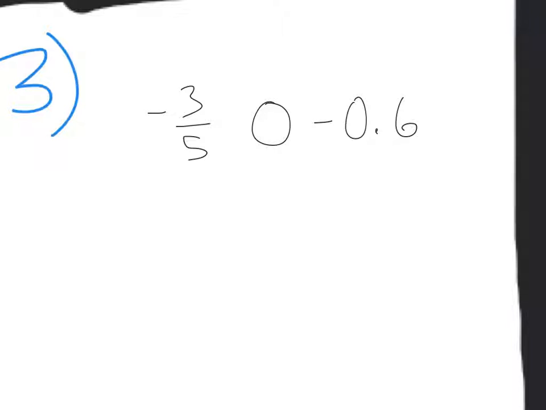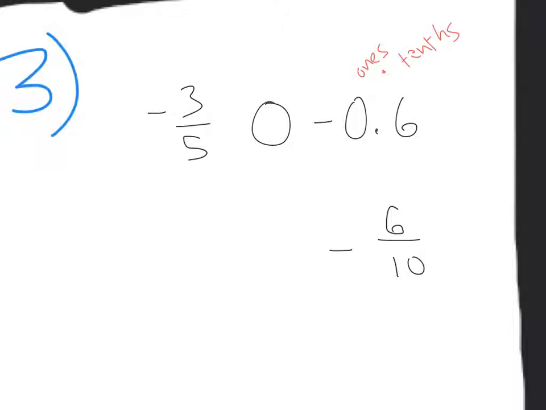So we remember place value, this is the ones place, decimal, and this is the tenths place. So what this means is I have negative 6 tenths. So I can rewrite that as a fraction, negative 6 over 10, since this is tenths. Tenths makes a 10 on the bottom.